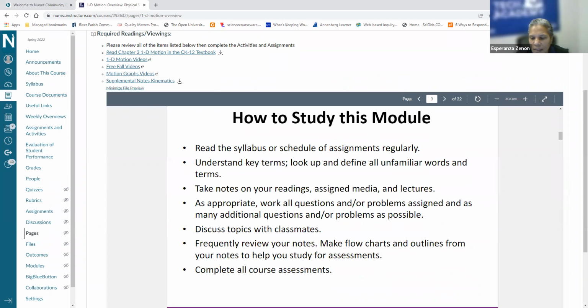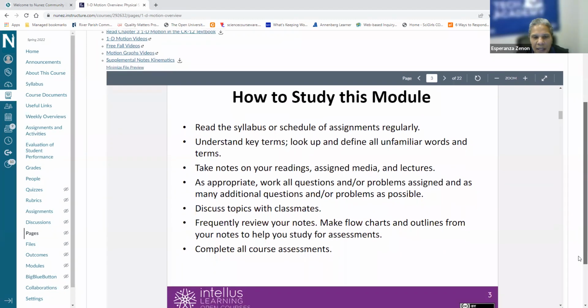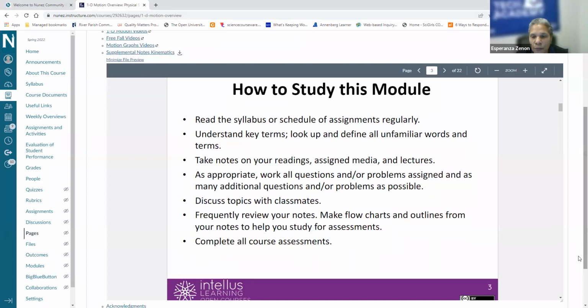I can't emphasize enough, I hadn't mentioned it in a couple of class periods, but I want to focus you in on how to study, because we're getting to the point now where I start to get emails from students asking, how do I learn this stuff?